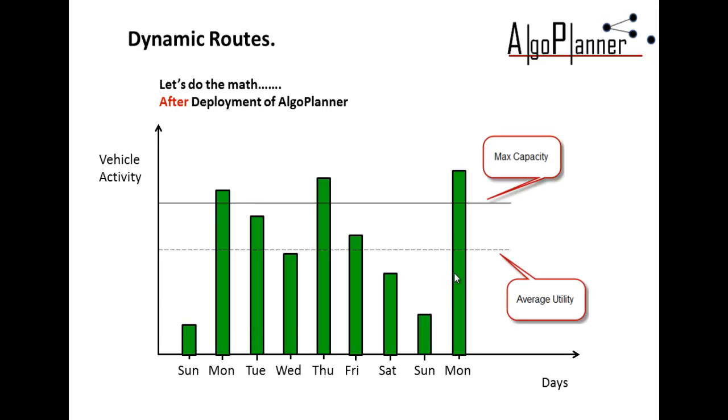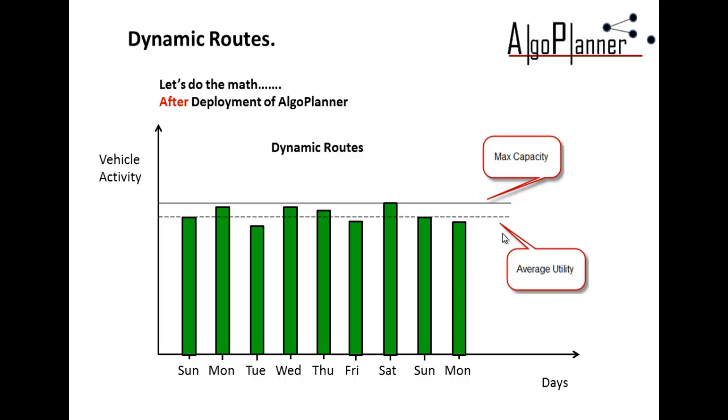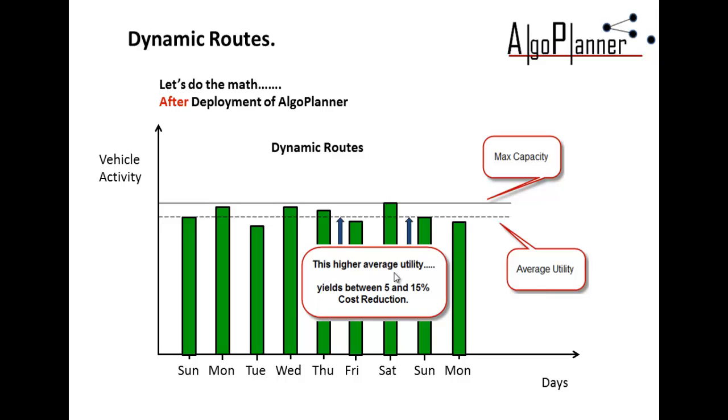Because we changed the zones into more elastic ones, as you just saw, we are now able to plan a much more full, but not too full, schedule each day for each driver. This will increase the average utility. And that higher utility will actually yield a significant cost reduction.